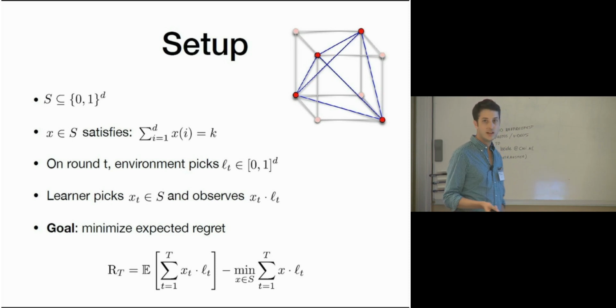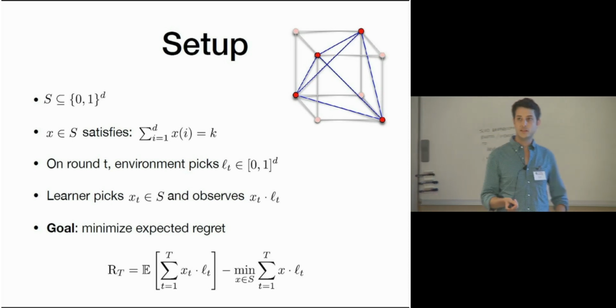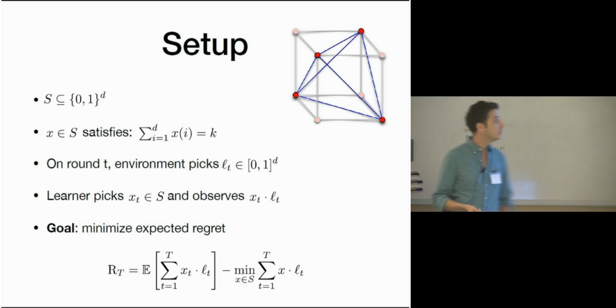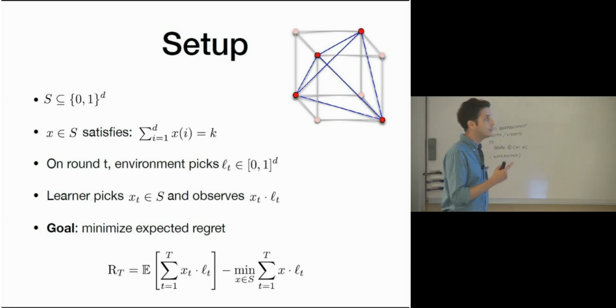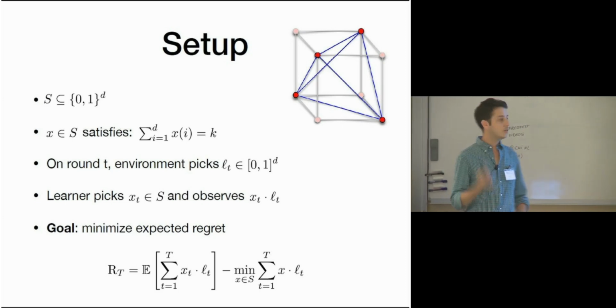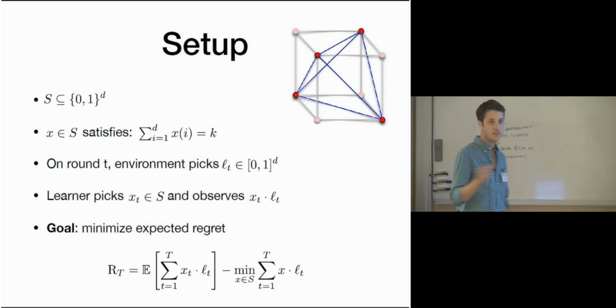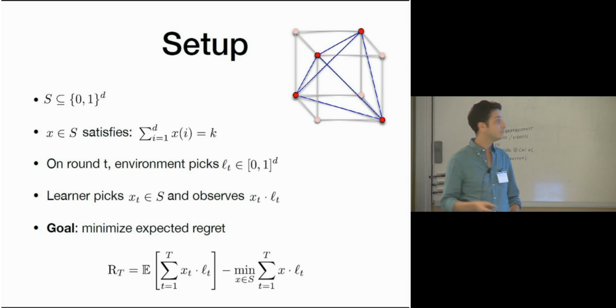So this can be generalized to a setting called combinatorial bandits or bandit combinatorial optimization, where the decision set of the learner is a subset of the discrete hypercube in D dimensions. So in the bandit shortest path example, D is the number of edges, and every element is a Boolean vector over the edges of the graph, where 1 indicates that an edge participates in the path and 0 otherwise.